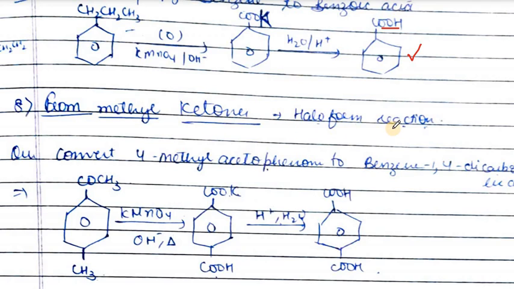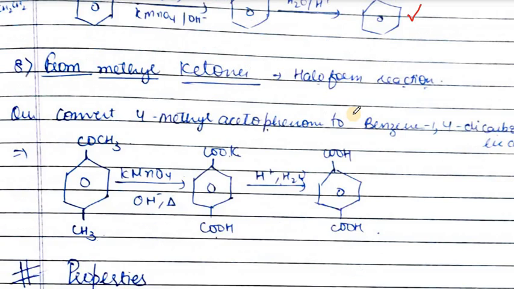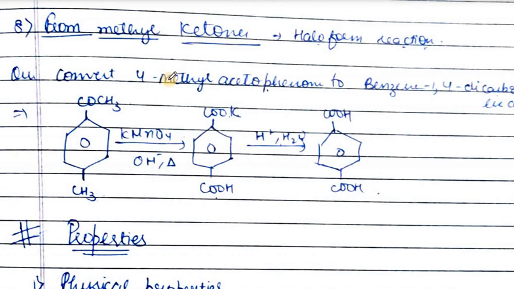This we have also done in previous lectures. Next, if we have to convert 4-methyl acetophenone to benzene 1,4-dicarboxylic acid, the COCH3 group is attached, it is an aceto group, and at the 4th position there is a methyl, so it is 4-methyl acetophenone.